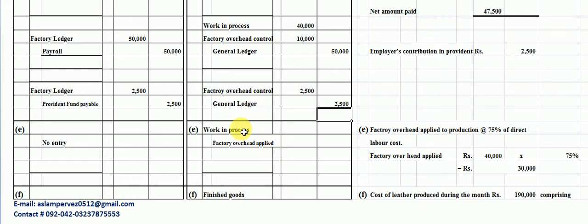Then the entry is passed in this manner. Work in process is debited. Factory overhead control is credited. Sorry, factory overhead applied is credited, 30,000 rupees. This is the entry against the factory overhead applied to production at the rate of 75% of direct labor cost.